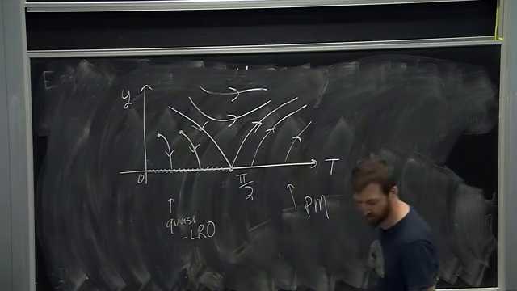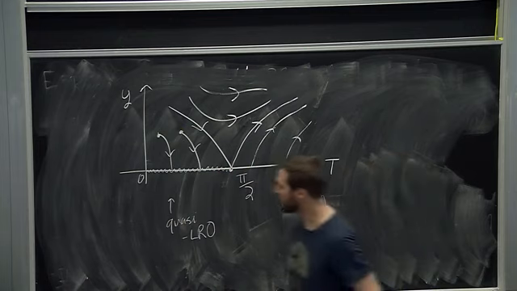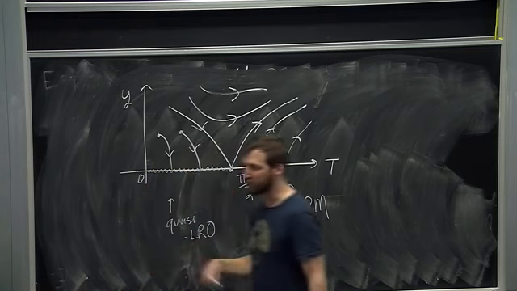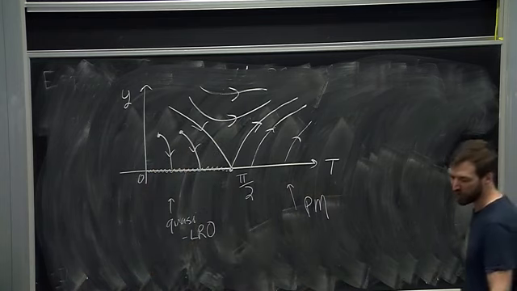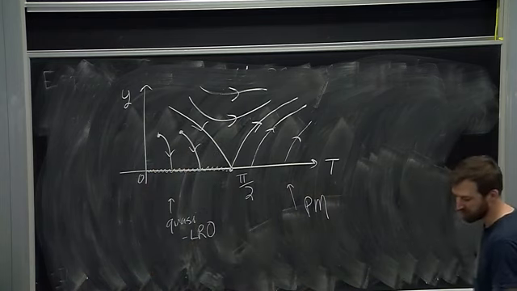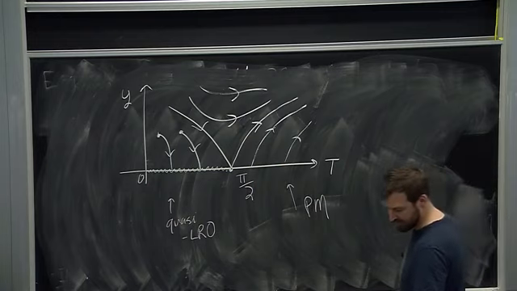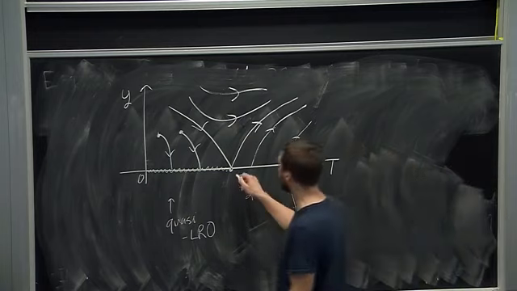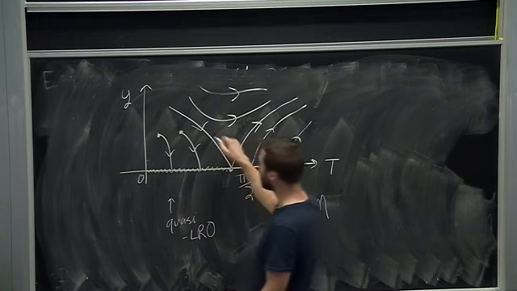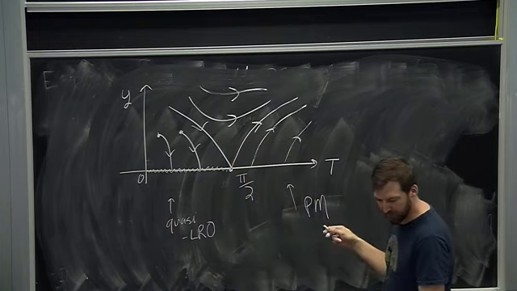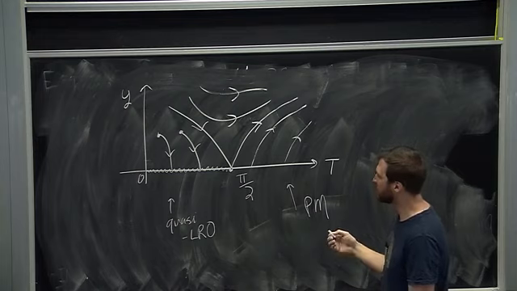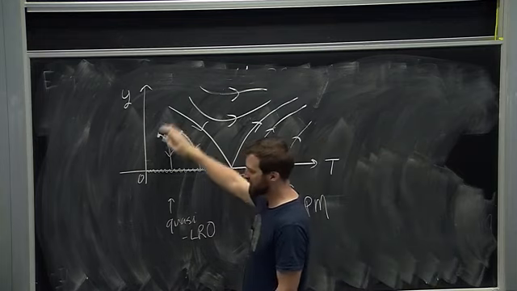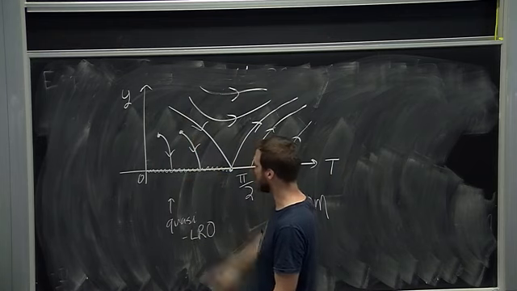Because y, right, from the sign of this, is relevant or irrelevant depending on whether you're above or below T_KT. So if you're below this line here, then everything is irrelevant. All fugacities in this regime are irrelevant.